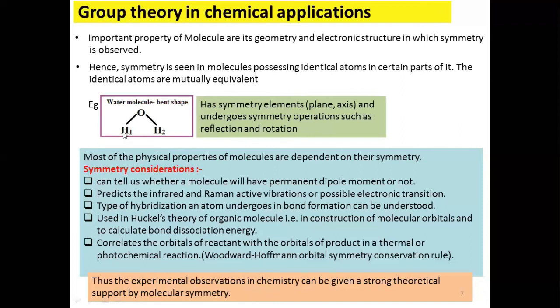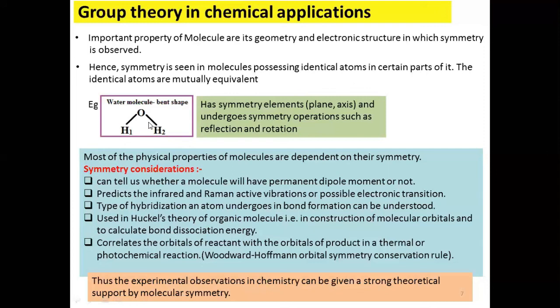Only the positions of the atoms can be changed without affecting the bond length. So here the energy is not affected by these symmetry operations. So the requirement is that the molecule should possess identical atoms in certain parts of it.